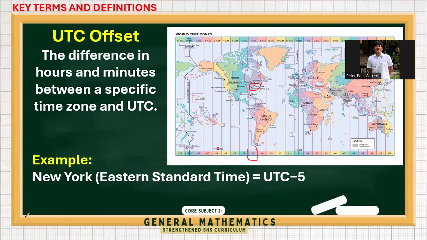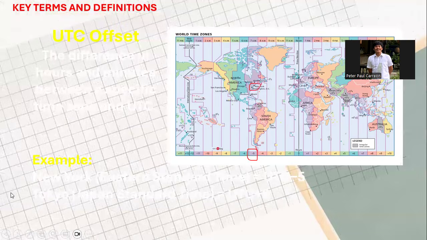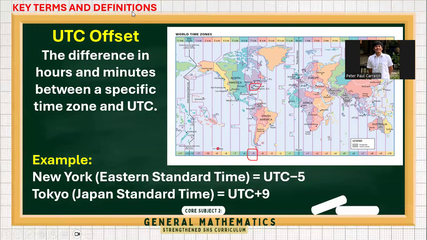Tokyo, or the Japan Standard Time, follows the +9 UTC. So you see, it belongs here. It's under +9 UTC, or UTC +9.